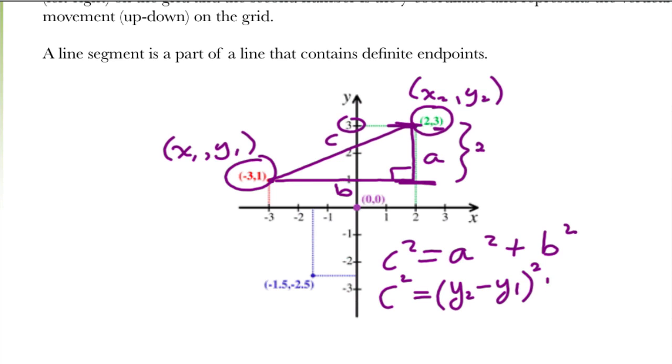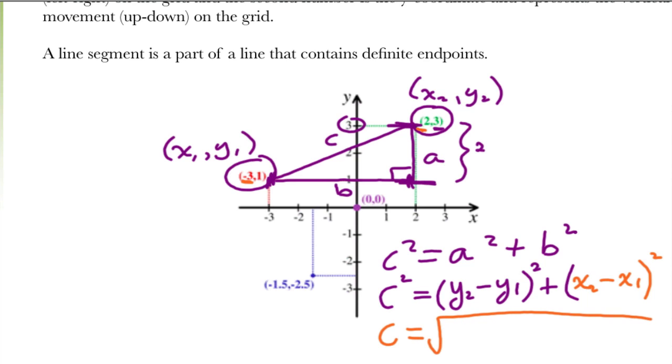But it's a squared. B squared, now we're looking at the horizontal distance. So the x value of each term is -3 and 2. So what we might do then is also take x2 minus x1, and it's squared. The last step of the Pythagorean theorem is always our answer.